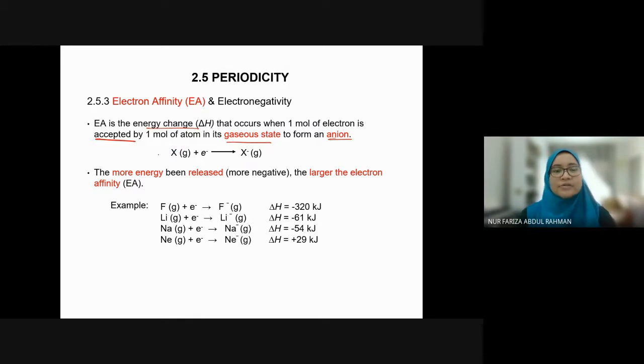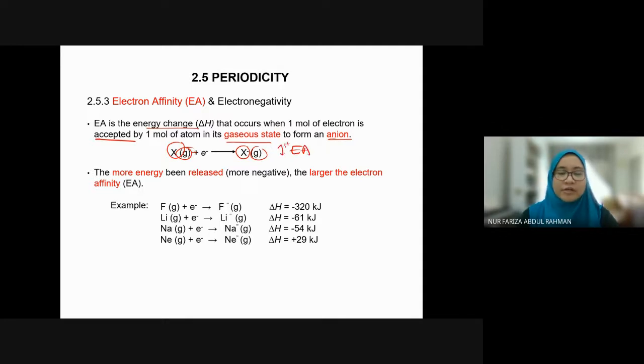So how do we write the chemical equation for EA? We have the atom in gas state plus electron becoming X minus. So this is the anion, and it should also be in gas state. This is what we call electron affinity.